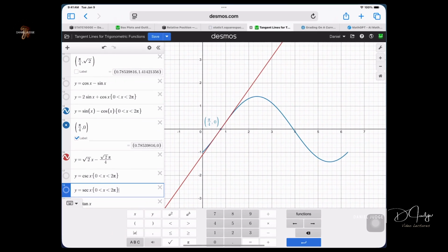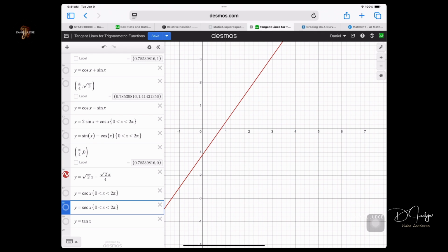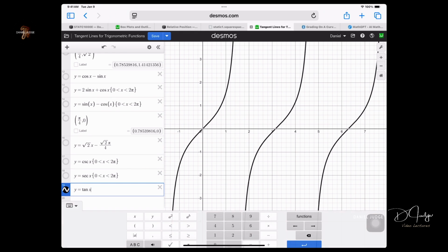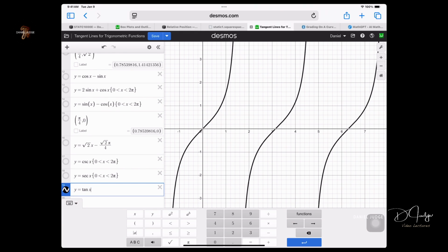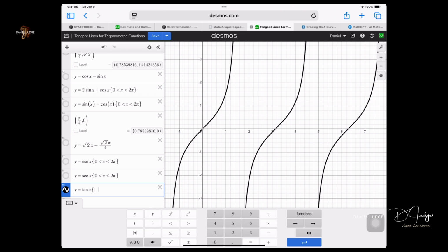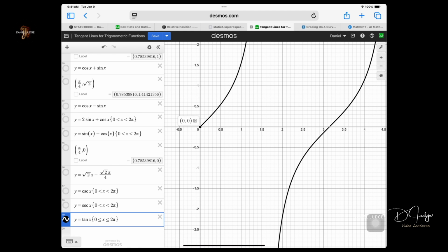Because if we go back to maybe Desmos again, and we just want a tangent curve. Here's the tangent curve. And let's say this is from 0 to 2 pi, so I'm going to restrict my domain. I'm going to remind you about your graphing skills. This is 0 less than or equal to x, less than or equal to 2 pi. Now, where do you have zeros here?